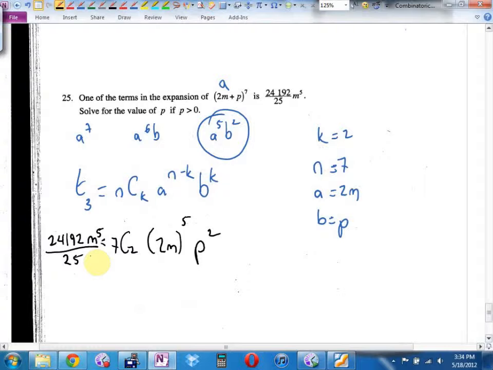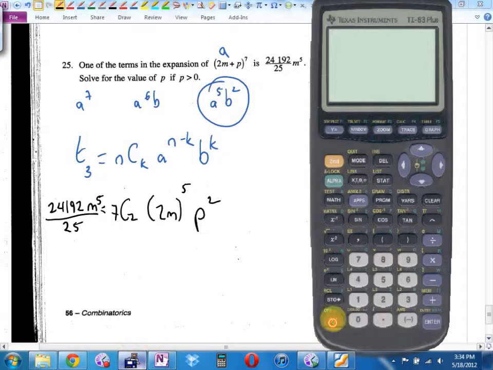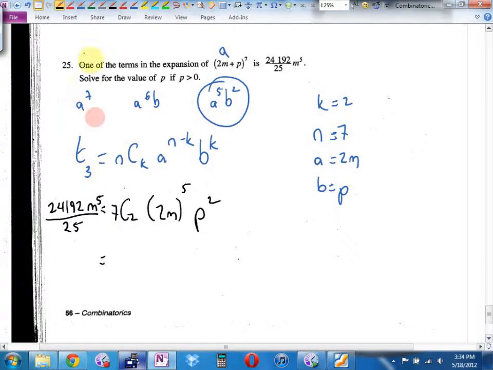Let's tidy this up a little bit. 7 choose 2 is 21. This is 21. 2 to the 5th is 32. m to the 5th, p squared, equals 24192 m to the 5th all over 25.